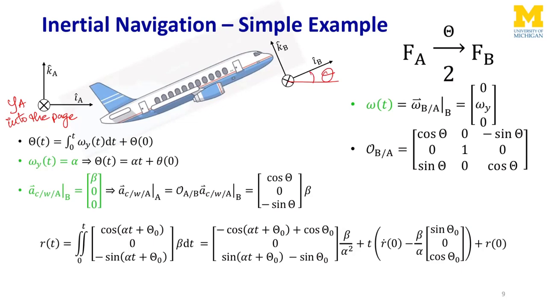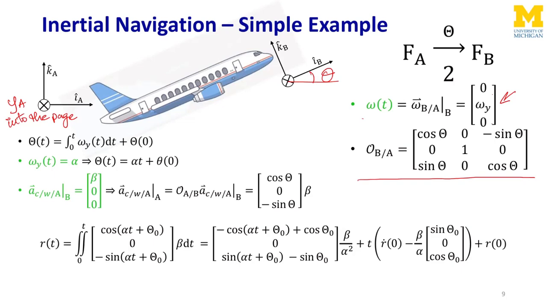So since I'm only rotating about the second axis, the omega of B with respect to A resolved in the B frame is going to be given by this expression. The iA component and the kA component are 0, and we only have a component along the second axis. So if this is my angular velocity, which means that I only rotate about the second axis, the orientation matrix at all times is going to be of this form, because the only angle that changes is about the second axis.